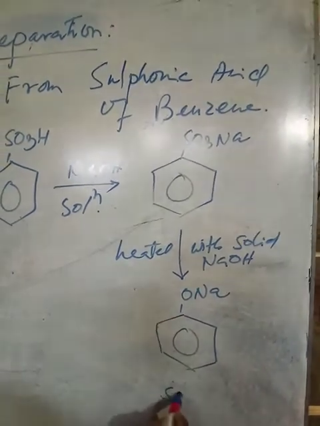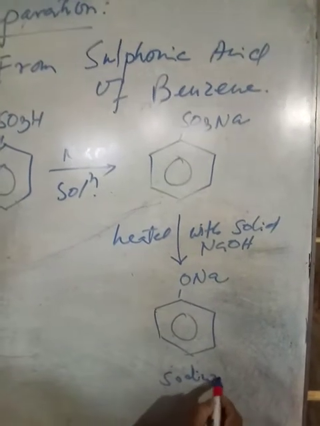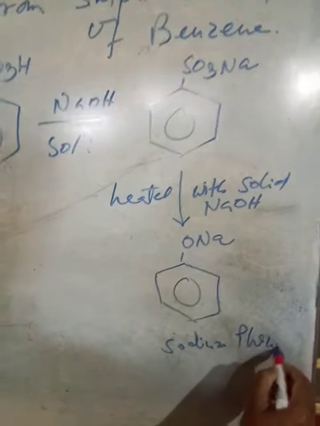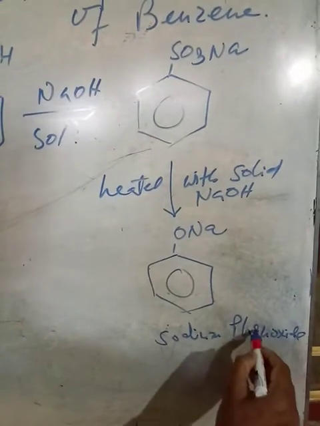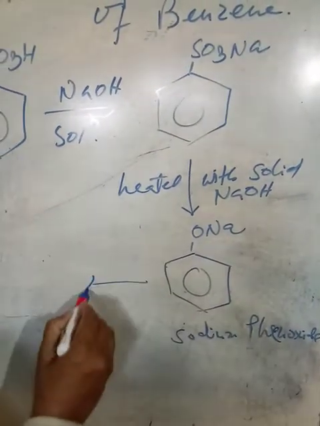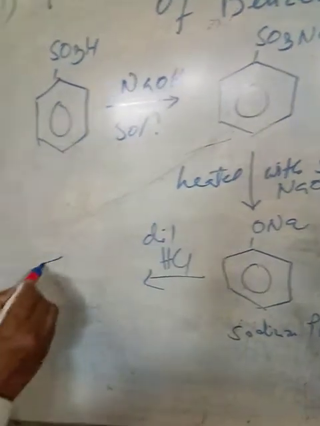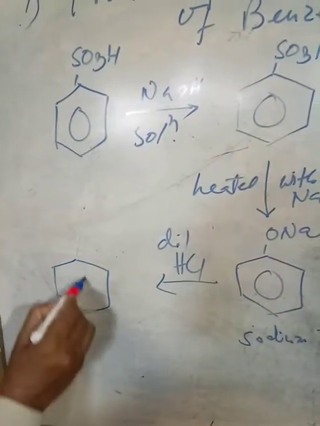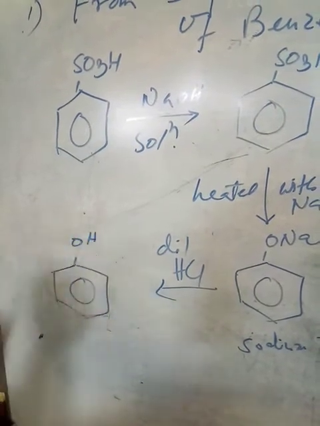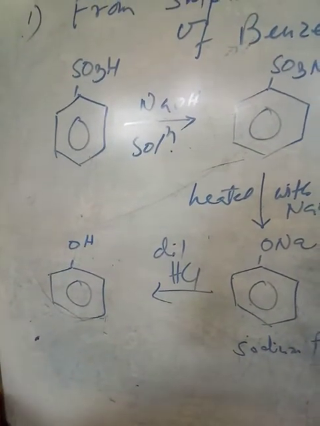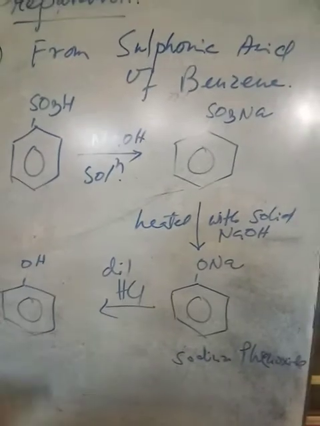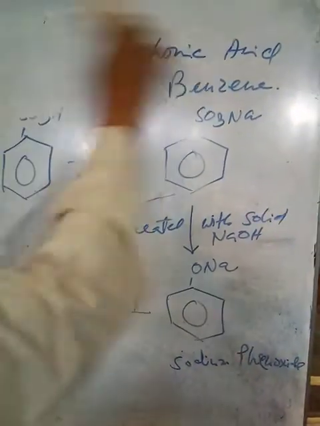This is sodium phenoxide, and this when treated with dilute HCl, you will get phenol. This is number one process from benzene sulfonic acid.